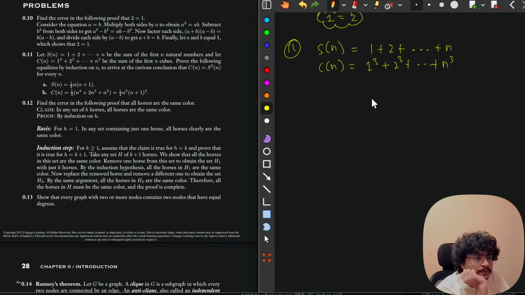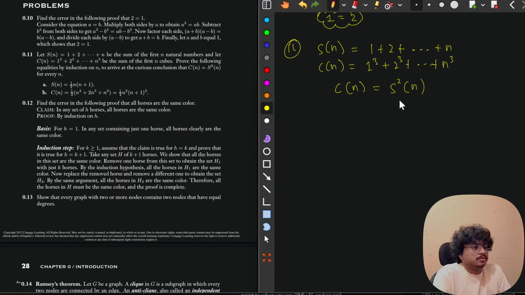Prove the following equalities by induction on n. Arrive at the curious conclusion that Cn is equal to S square n.